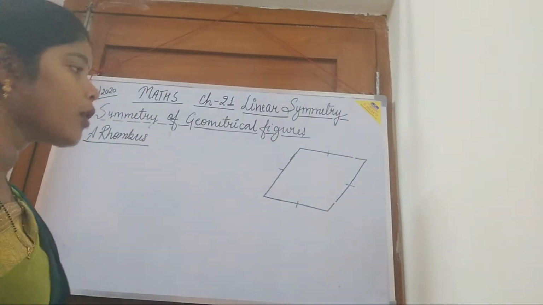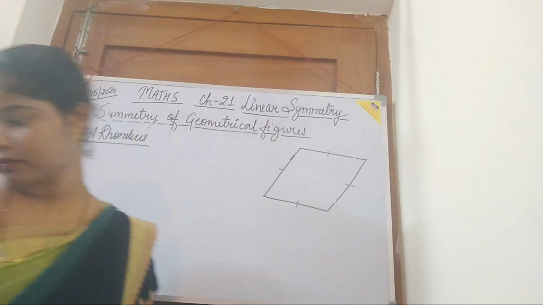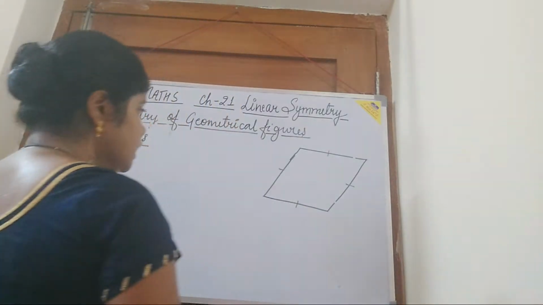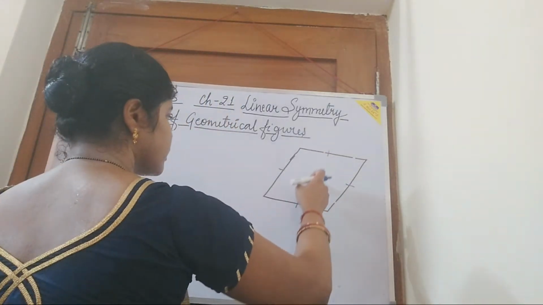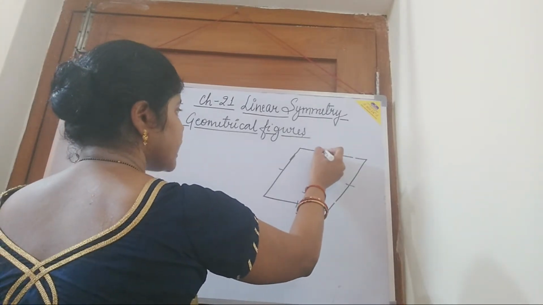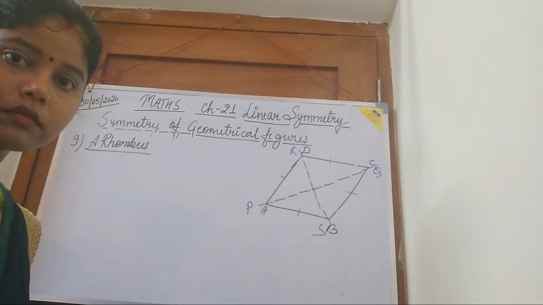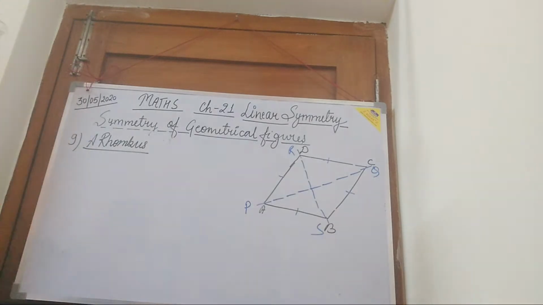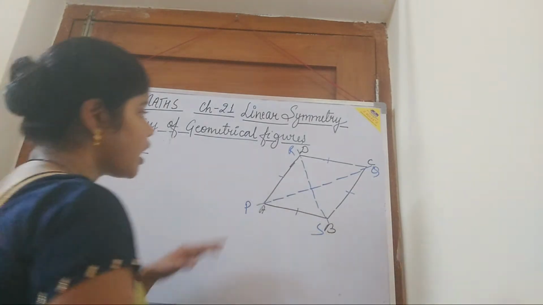So in this rhombus, how many lines of symmetry do we have? When we draw a line through the midpoints, we do not get identical parts. So here we have the lines of symmetry along its diagonals.